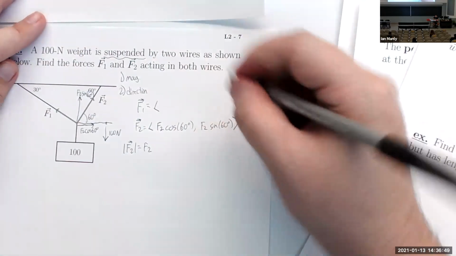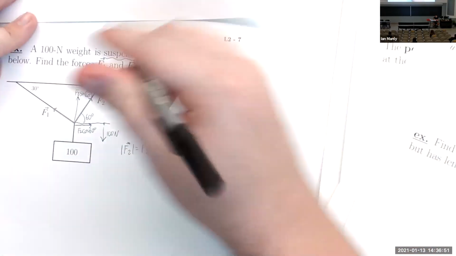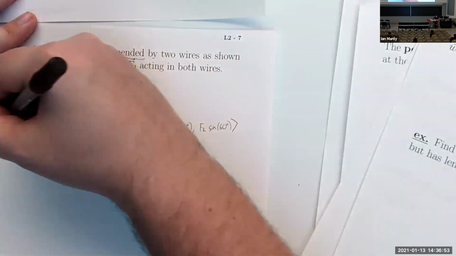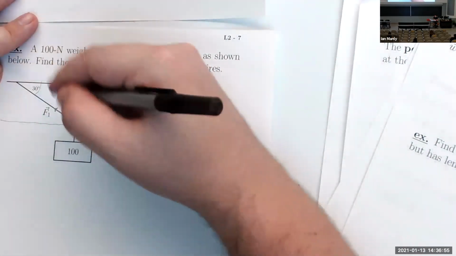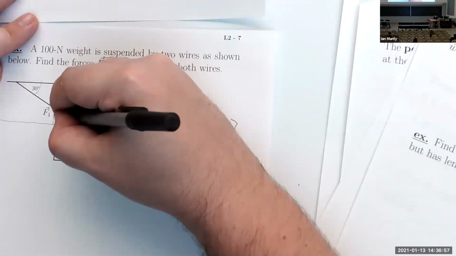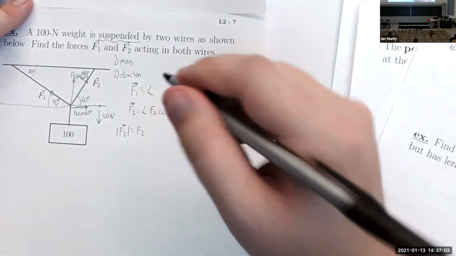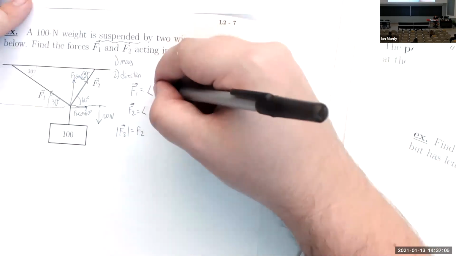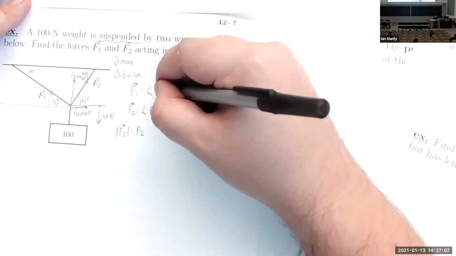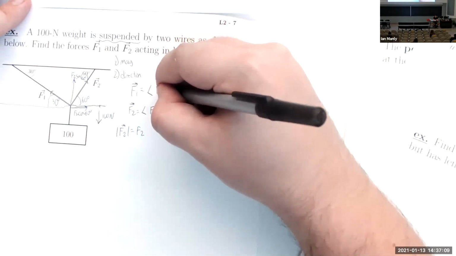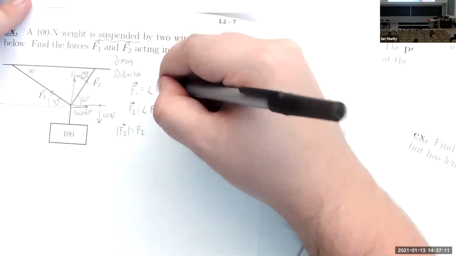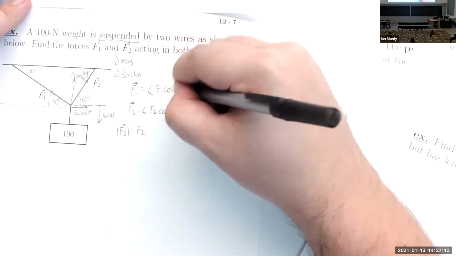All right, and then I bet you could guess what's going to happen with F1. If we draw this extra line right here, we see that since this angle and this angle need to be the same, this is going to be 30 degrees right here. And so that means that F1 is going to be F1 times cosine of 30 degrees.